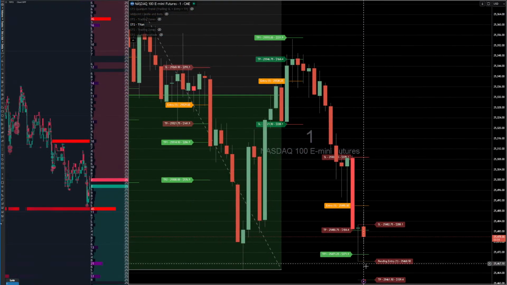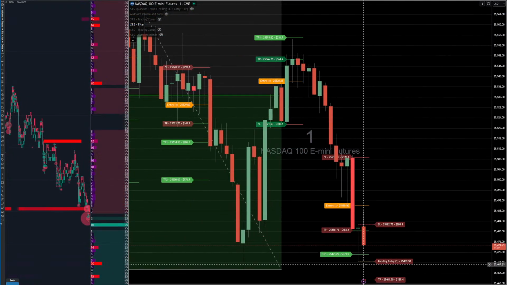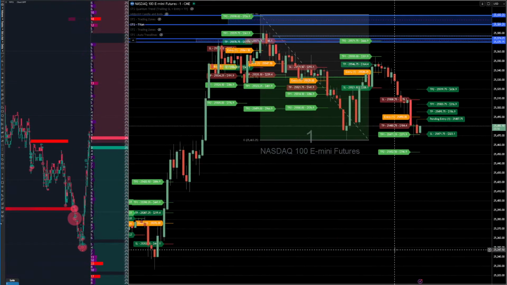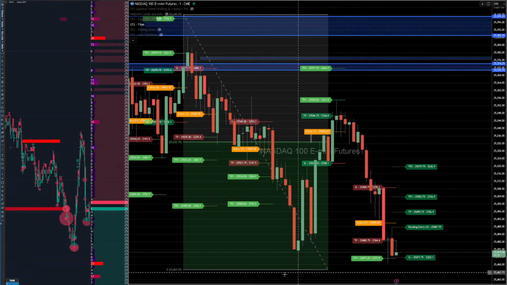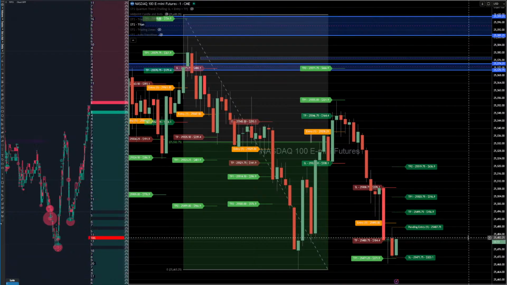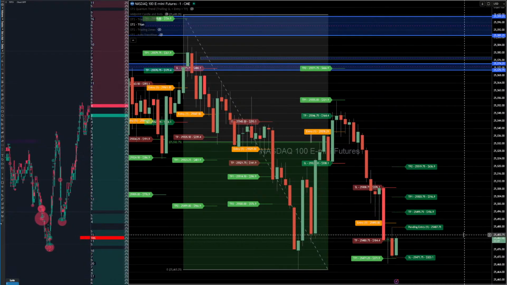It's a good amount of liquidity sitting right below here. It just tapped into it. Let's see what that does. It's been replaced.